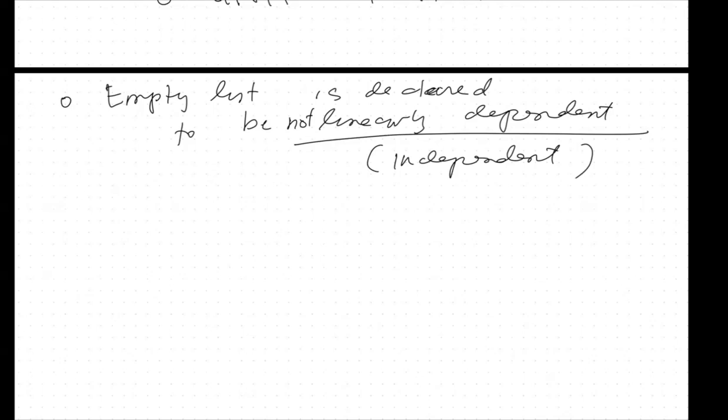Now we have set some definitions. We will go to some theorems regarding linear independence. The first theorem is called the linear dependence lemma.